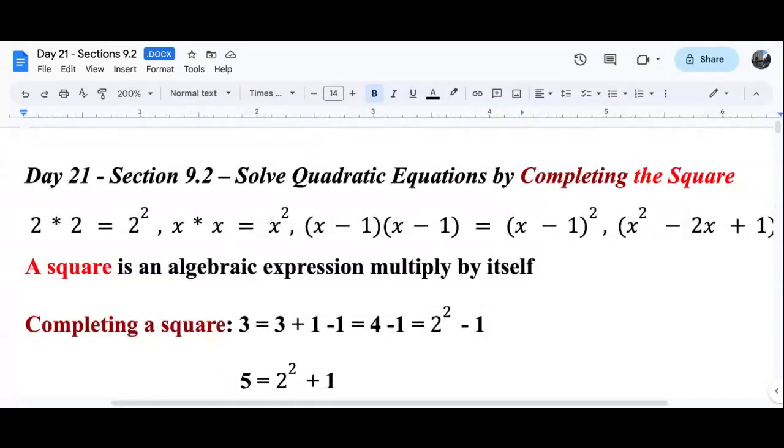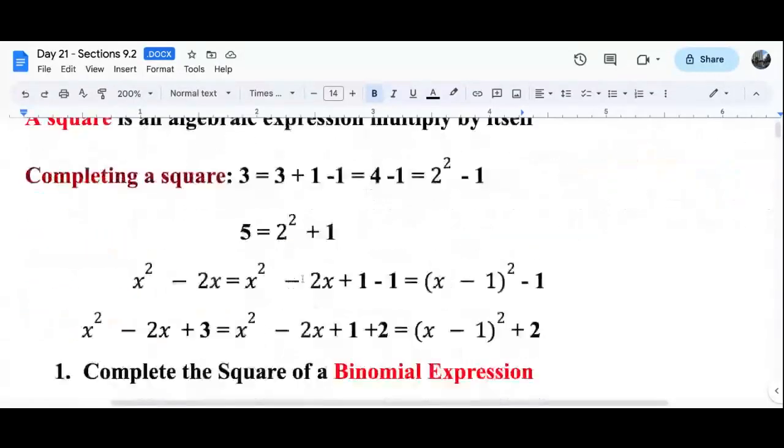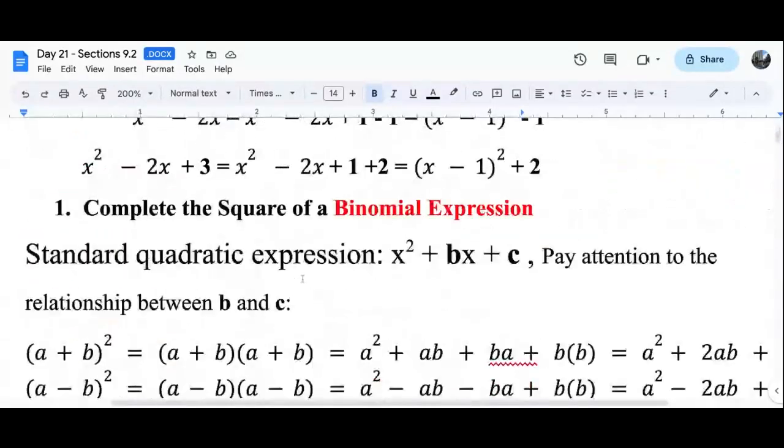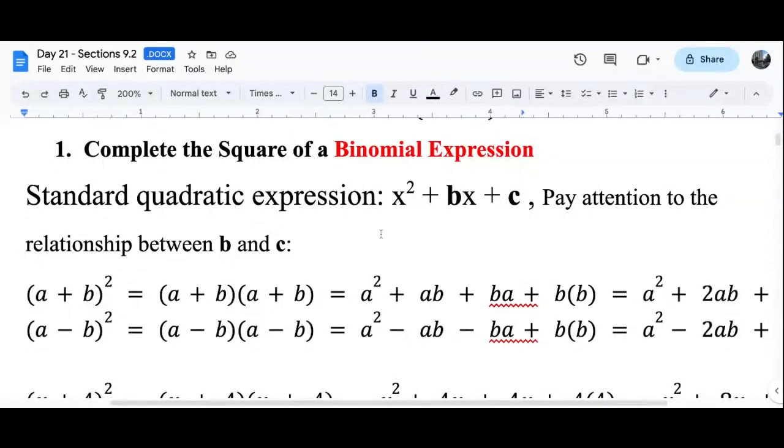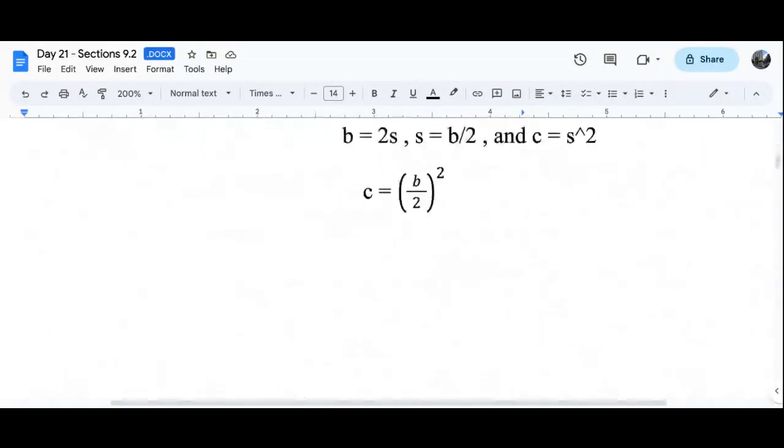Remember, we have three kinds of forms. We have standard form for a quadratic equation: ax squared plus bx plus c.